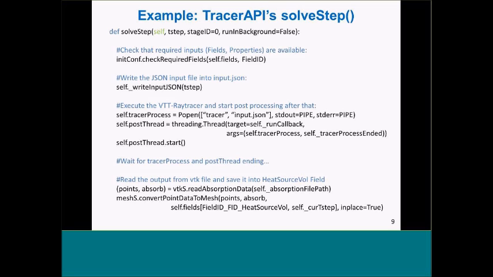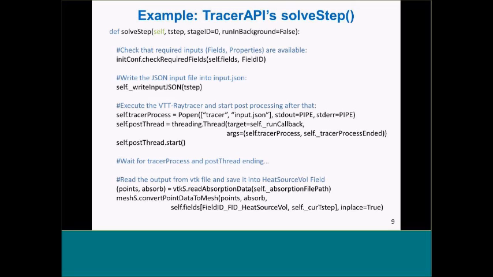And in this slide, I show a simplified version of our solve step from the Tracer API, what happens inside the solve step of the Tracer. So we first have to check whether we have all the fields and properties that we need for the tracing.